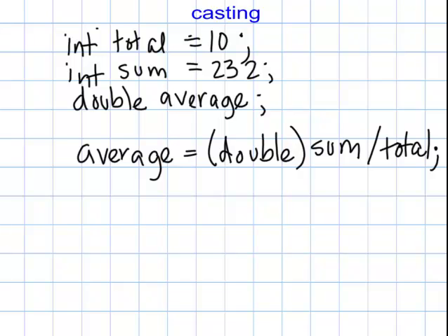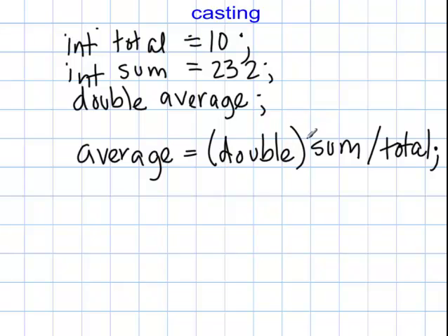So let's go through exactly what happens. Sum is an integer. Total is an integer. If I do integer divided by integer, we get integer division. It would have been 232 divided by 10. Well, that would have been 23. It's not what we want, though. We want 23.2. We want it to be a double as an answer.